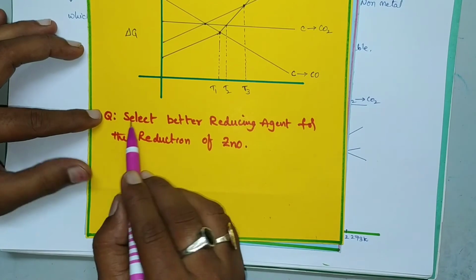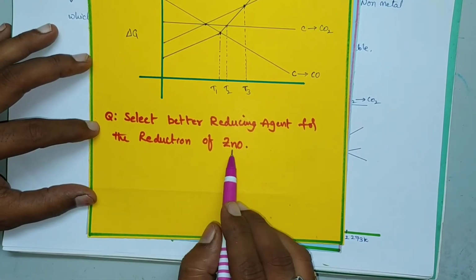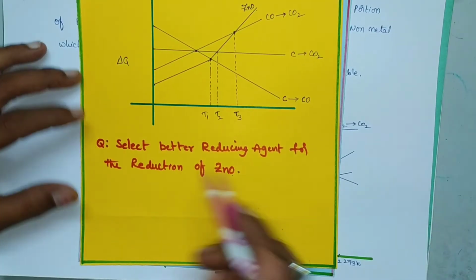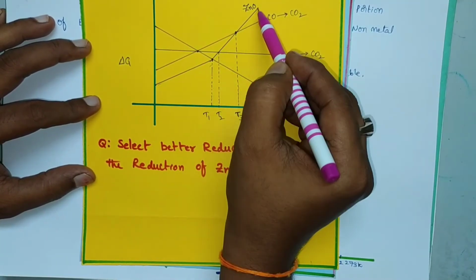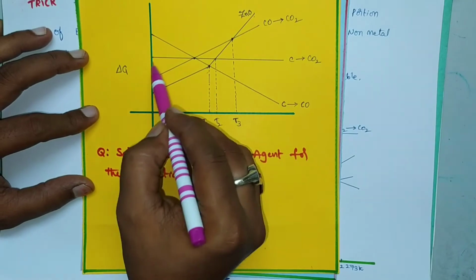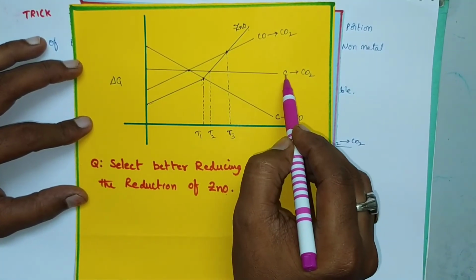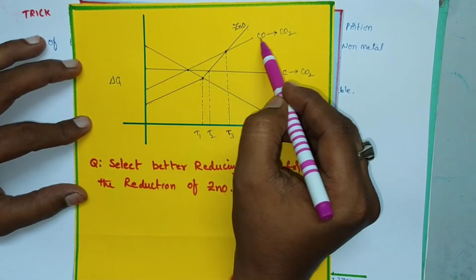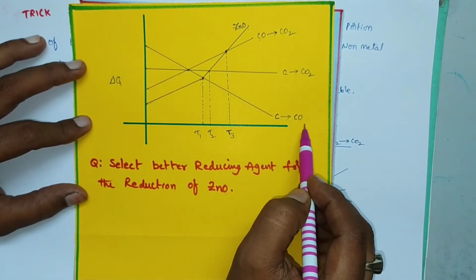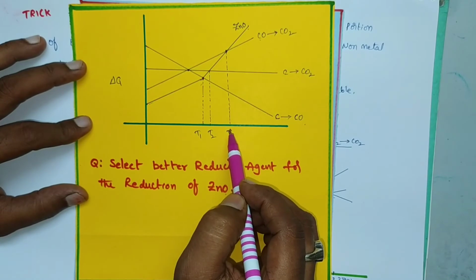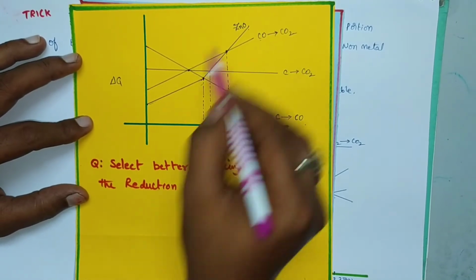Here the question is to select a better reducing agent for the reduction of zinc oxide. In this diagram, this curve represents the formation of zinc oxide, and these represent the conversion of carbon to carbon dioxide, carbon monoxide to carbon dioxide, and carbon to carbon monoxide, at different temperatures. Now we have to select a better reducing agent.